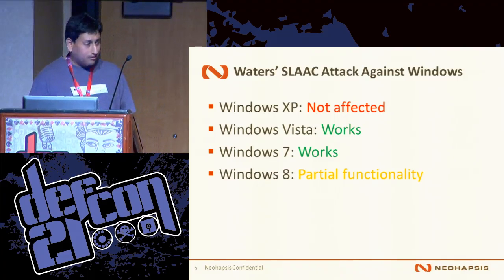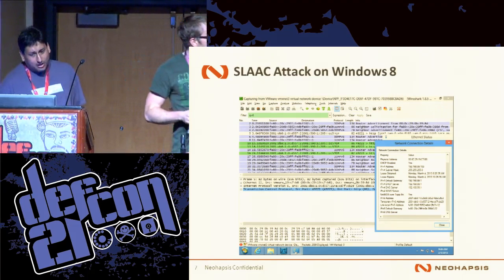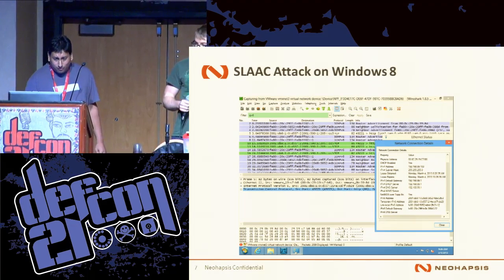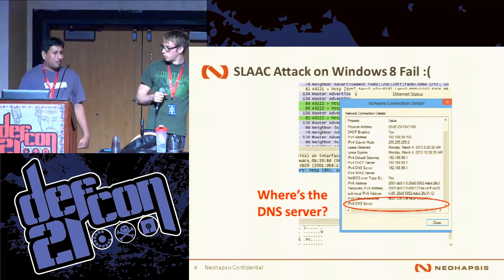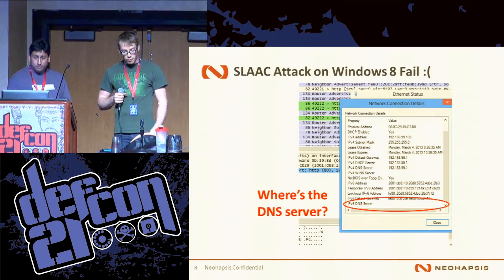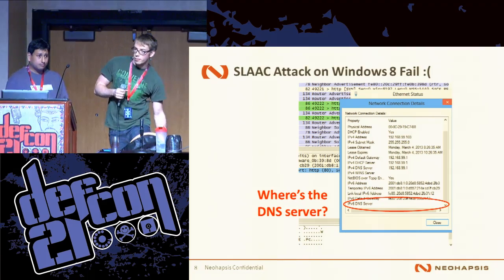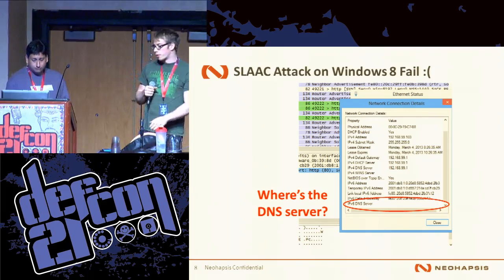In the next screenshot, we have some IPv6 router advertisements, but Windows 8 no longer accepts the DNS server setting through SLAAC alone. When it tries to make a request, it does not get a DNS response, and then it falls back to IPv4, using a technology known as Happy Eyeballs, which we'll touch on later in the presentation.